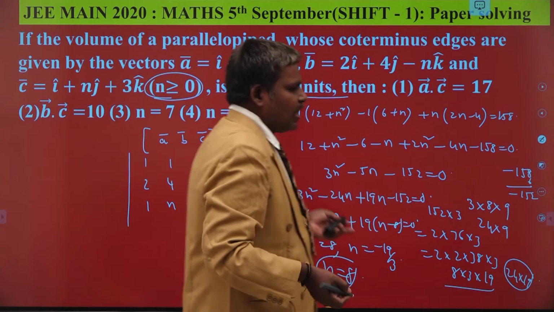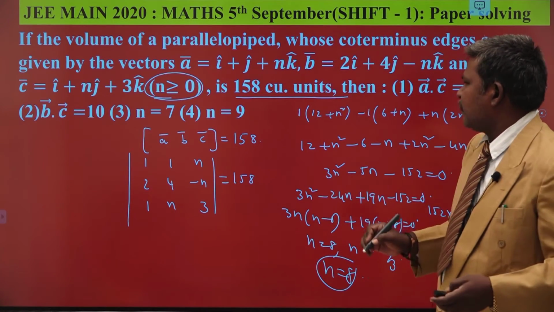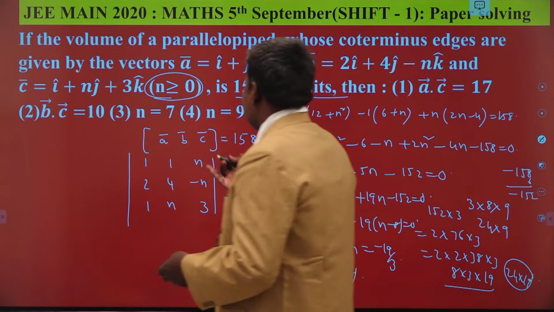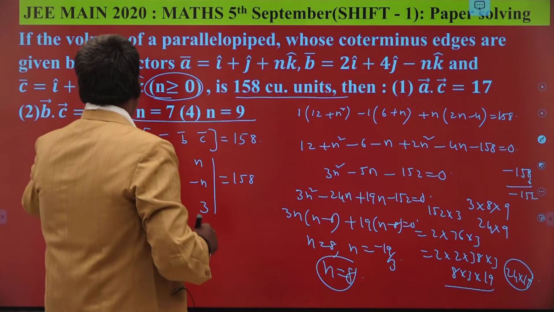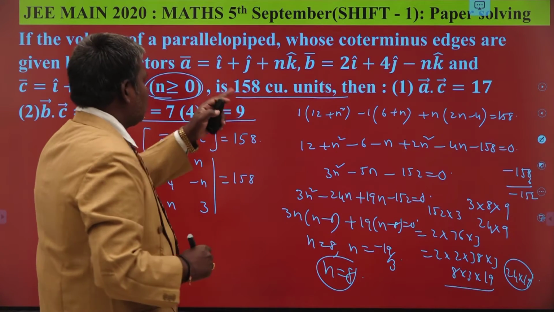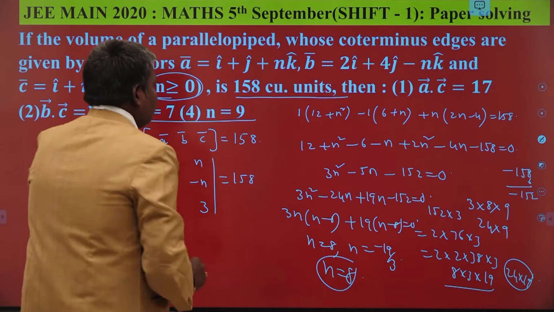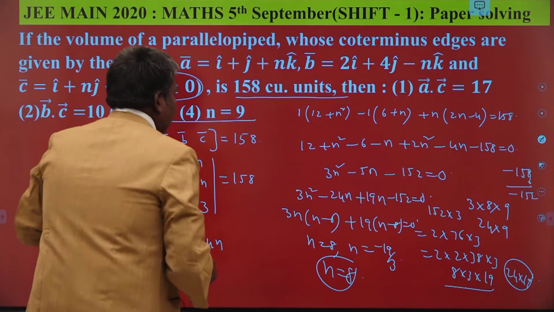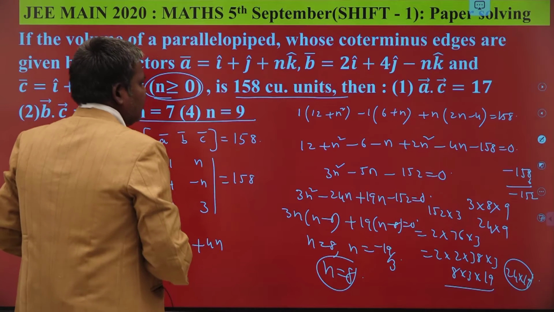So after getting the n value, it is very easy for you. You can verify which option is satisfied for these vectors. See this one: b bar dot c bar is 10, n is equal to 7, n equal to 9. Both options fail. What is b bar dot c bar now? 2 ones are 2, next 4 into n is 4n, and minus n into 3 is minus 3n.